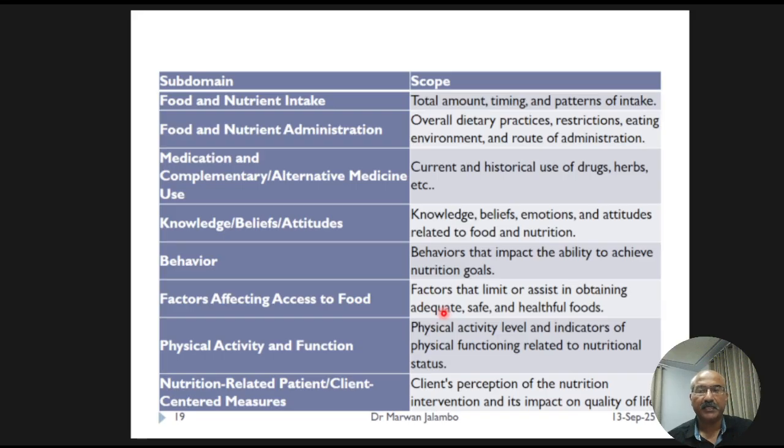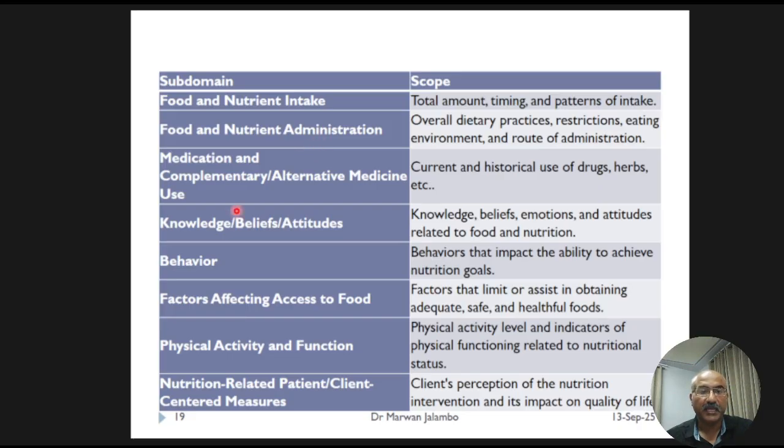As you can see, it starts with food and nutrient intake. The what, when, and how much, but it also includes food and nutrient administration, which covers things like therapeutic diets or feeding routes.